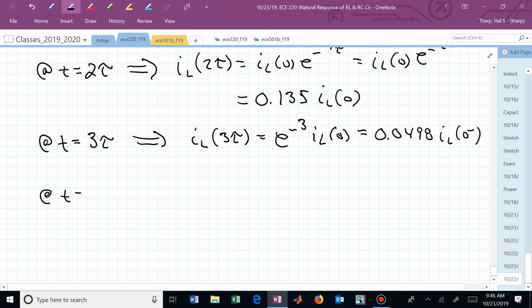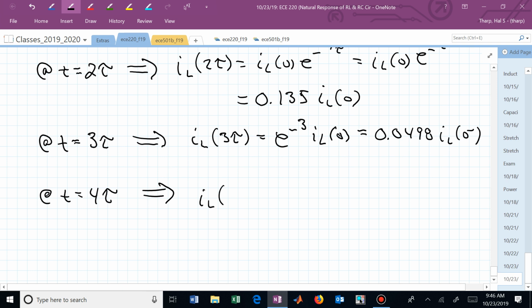The next two time constant values are used a lot in subsequent classes. You might hear about a 2% settling time. That's given by four time constants. So now you say, oh, what's your time constant? Oh, in four time constants, you're within 2% of where you started.